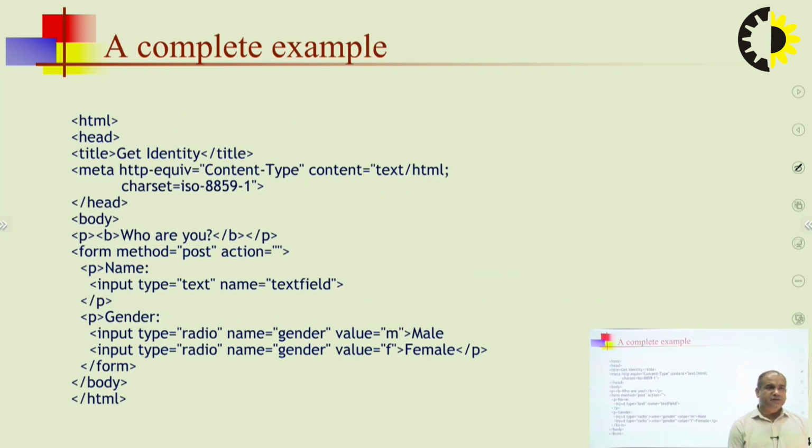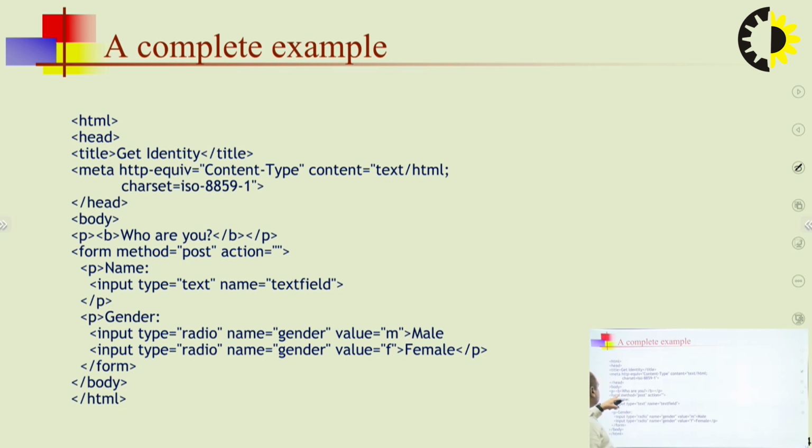Next, if we take a complete example of what we have studied earlier. A page is created with HTML, head, title, the name of the title, and a meta tag for meta information about that page. The head tag is closed.